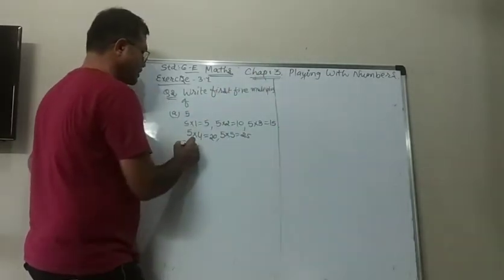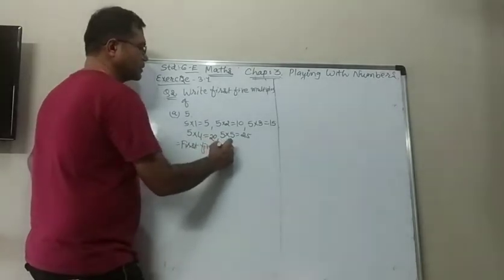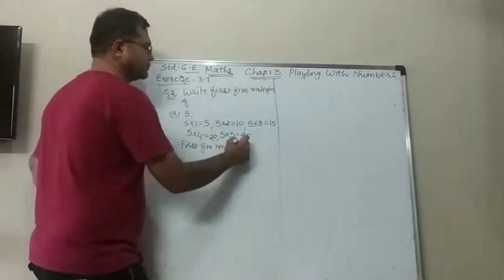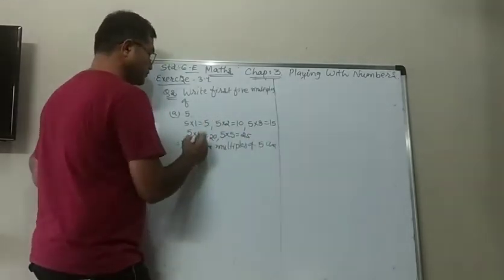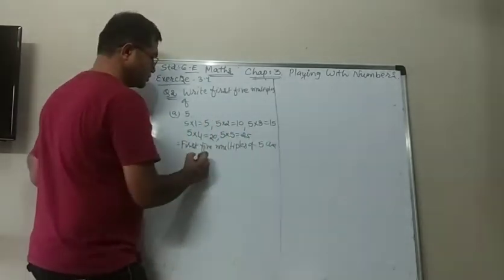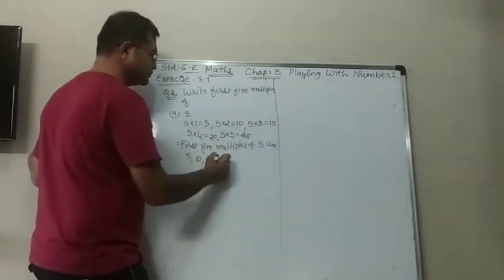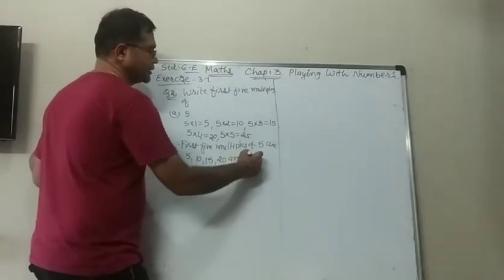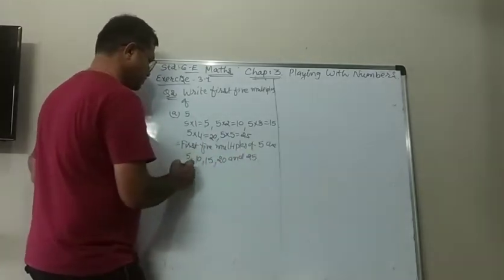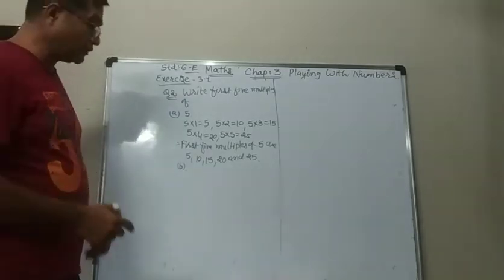Therefore, first 5 multiples of 5 are 5, 10, 15, 20 and 25. So it is very simple to write down.